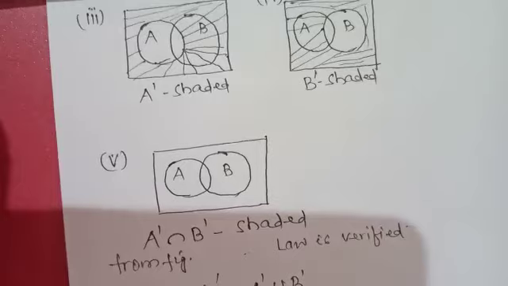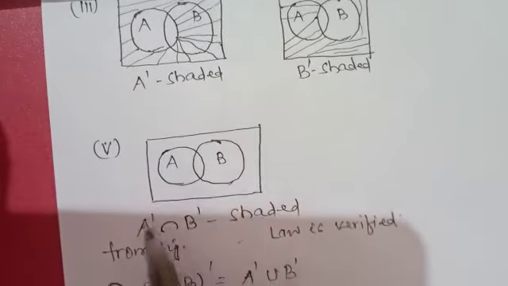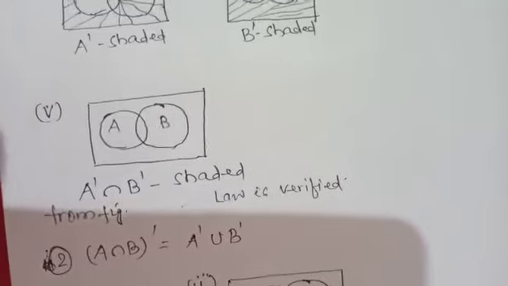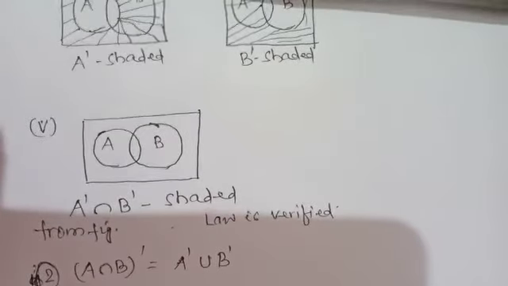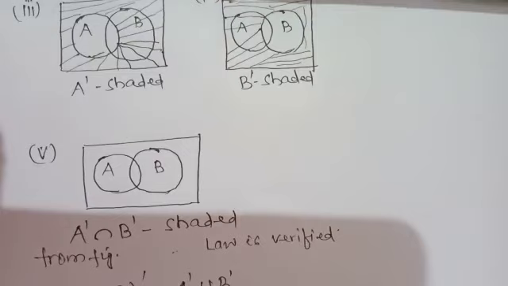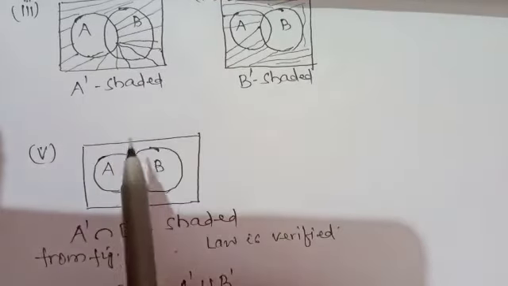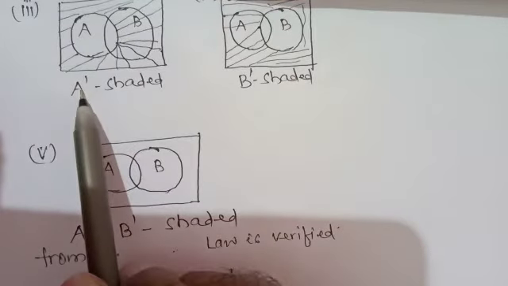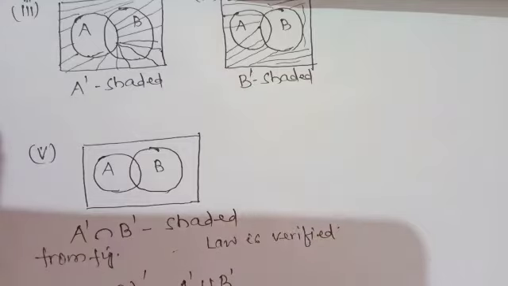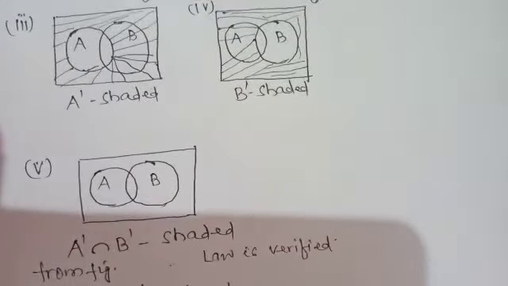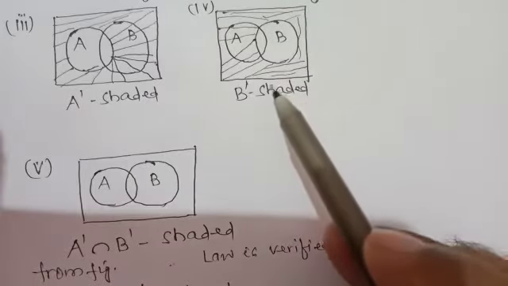And finally, A complement intersection B complement is shaded. See the common part of A complement and B complement.